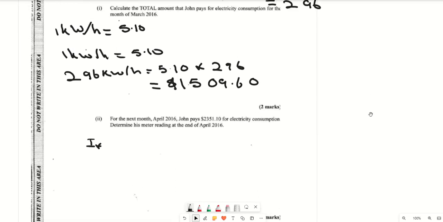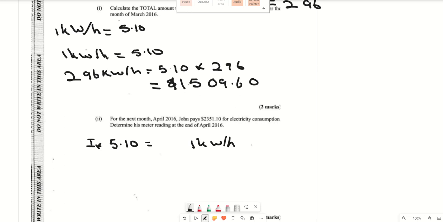So we know that they're telling you $5.10 is equal to 1 kilowatt. Right, so if $5.10 is 1 kilowatt per hour, then $1 would be 1 over 5.10.